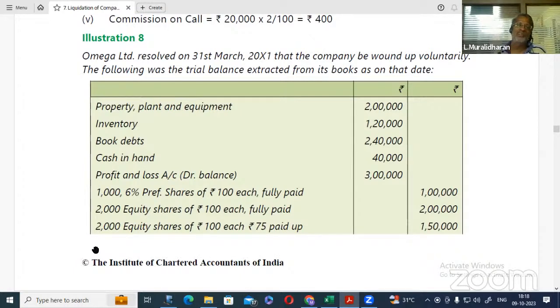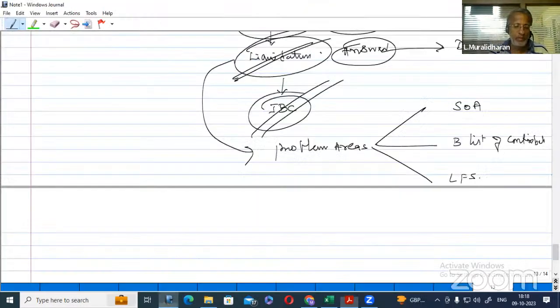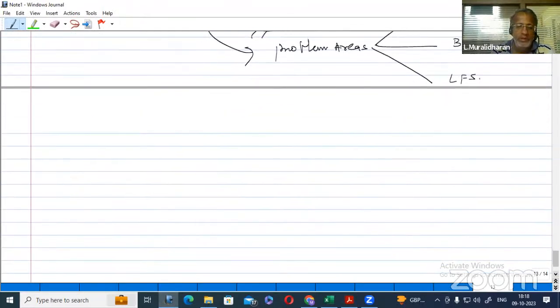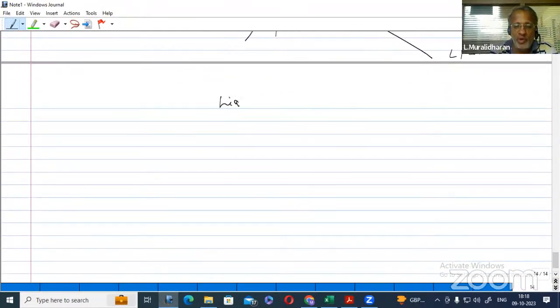This problem is also on the same lines as that of your dissolution of firm. This is the liquidator's final statement of accounts.